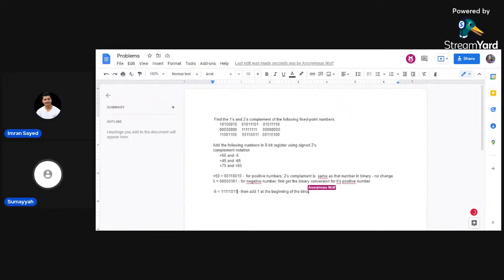The 1 will automatically come when you change it to the 2's complement, representing the sign bit. So my question is, this was a positive number. How did we convert it to a negative number? By taking the 2's complement. Okay.